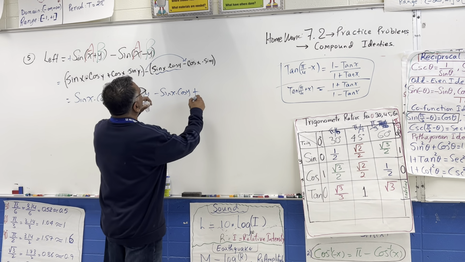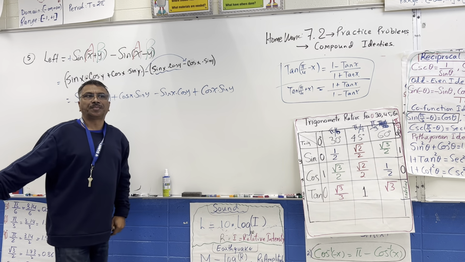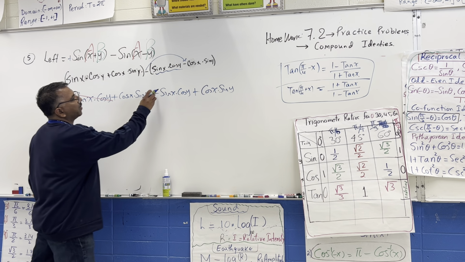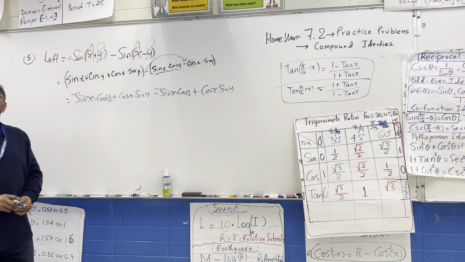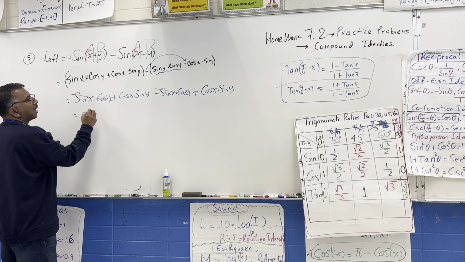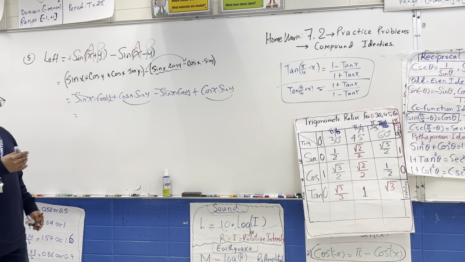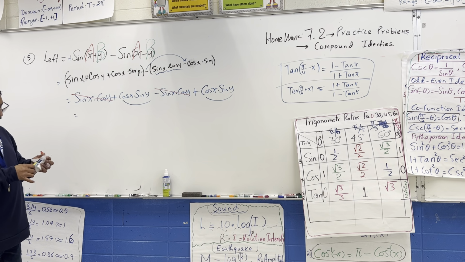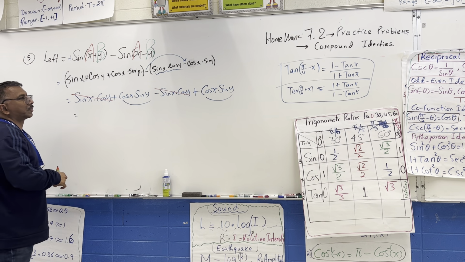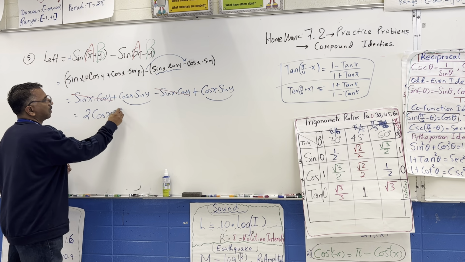So this will be plus cosine x sine y, correct? And you can clearly see this thing and this are the same, you can just cross it out. And this part looks the same, there are two of them, so it's going to be 2 cosine of x sine y.